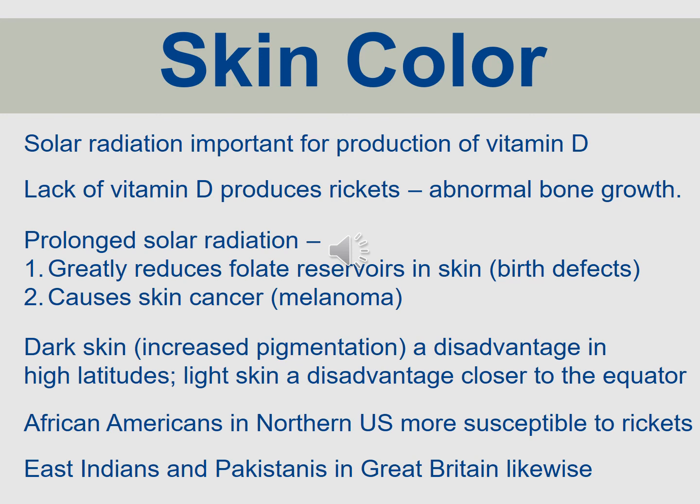So somebody like me, who has lighter pigmentation, living very close to the equator in Africa, which I have done, my light skin is a disadvantage because I'm highly susceptible to skin cancer and to my folate reservoirs being obliterated.